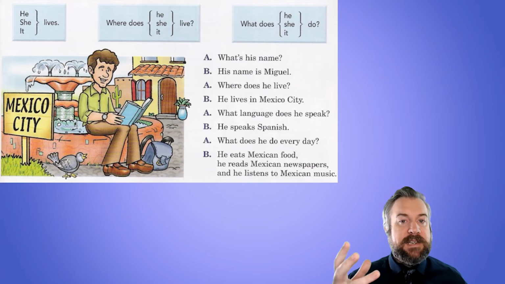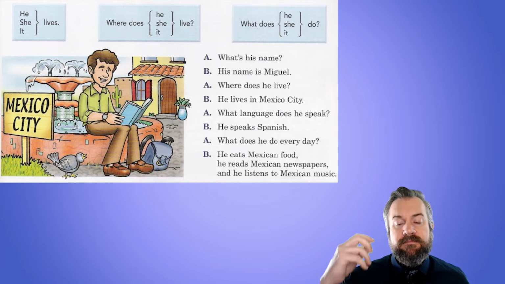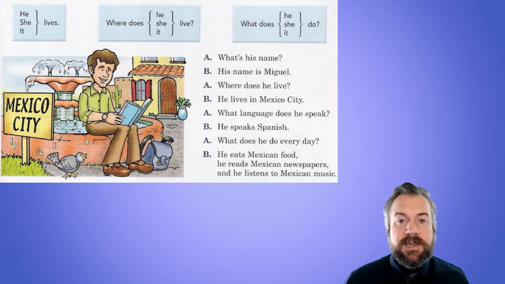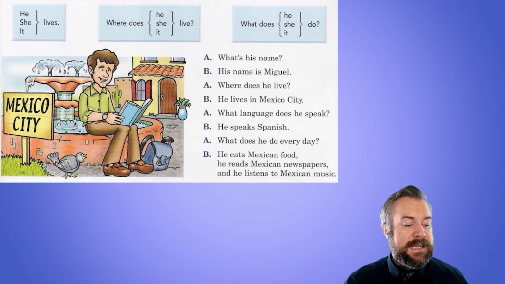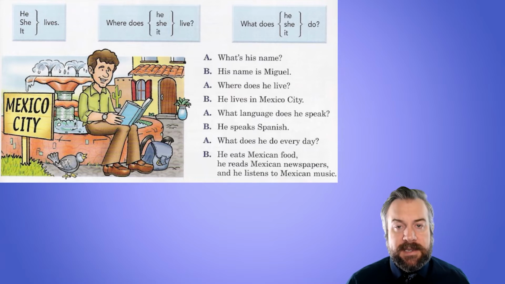We do have Mexican food, there is Mexican music, there is Mexican fashion, Mexican people, but the language is Spanish. So he speaks Spanish, but he eats, reads, listens to Mexican.